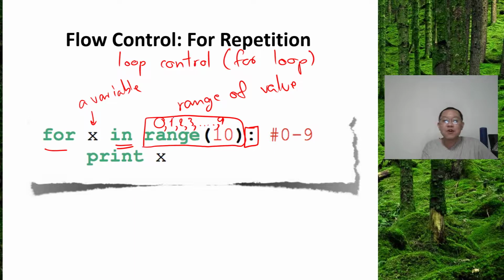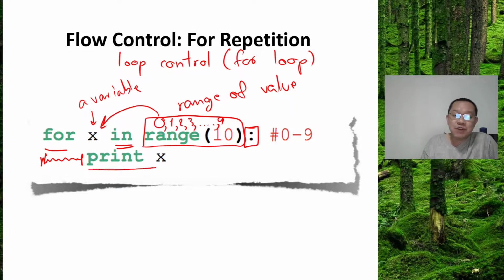So each value will be assigned to x. And what will happen after the assignment of each value to the x variable? The command on the next line will be the command under the for loop, which will print the value of x in each round.